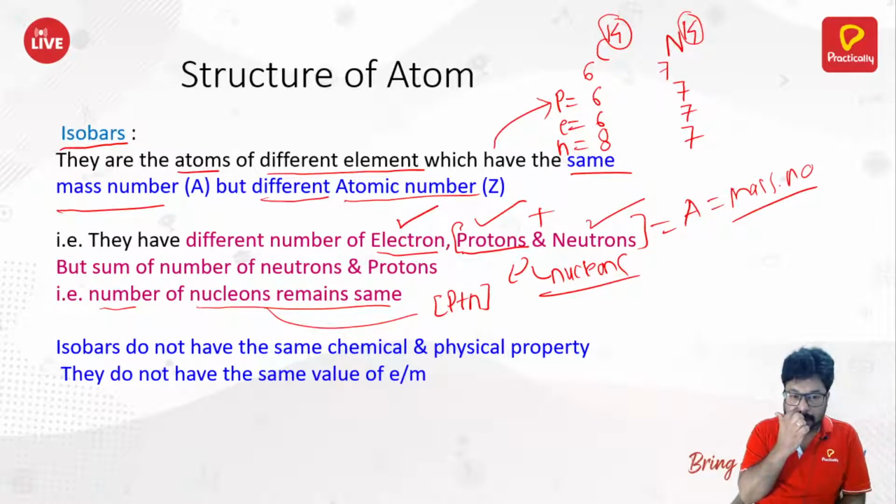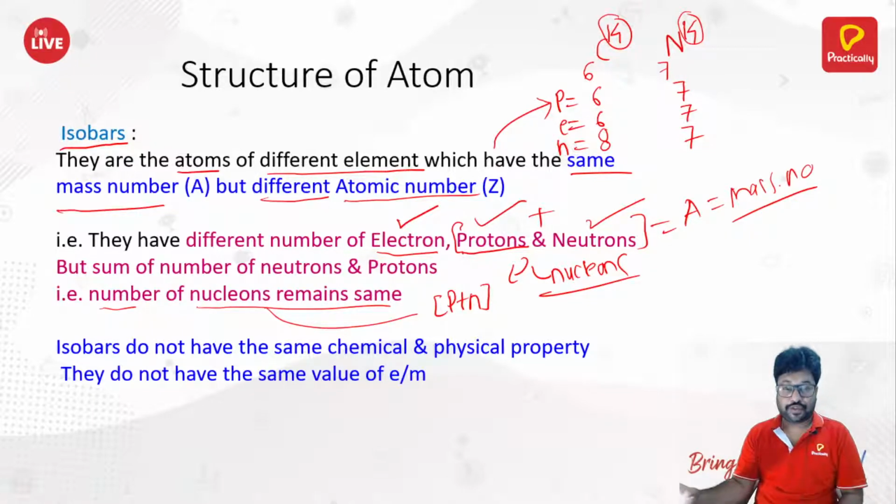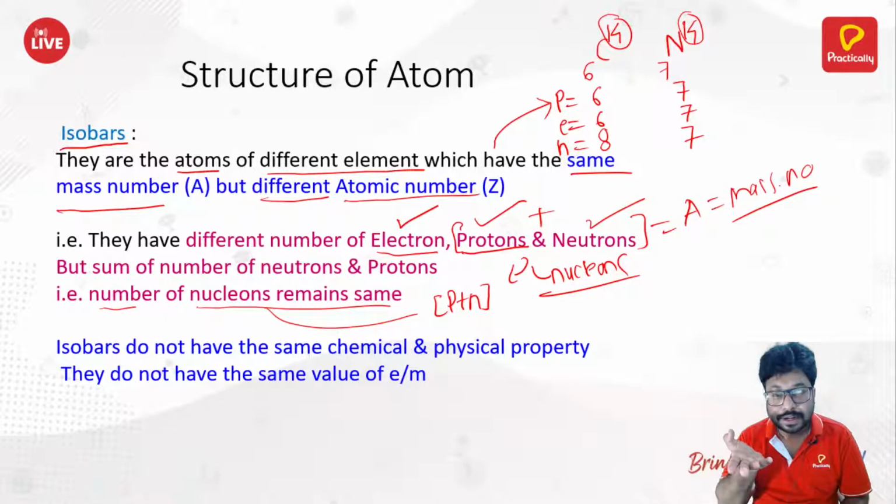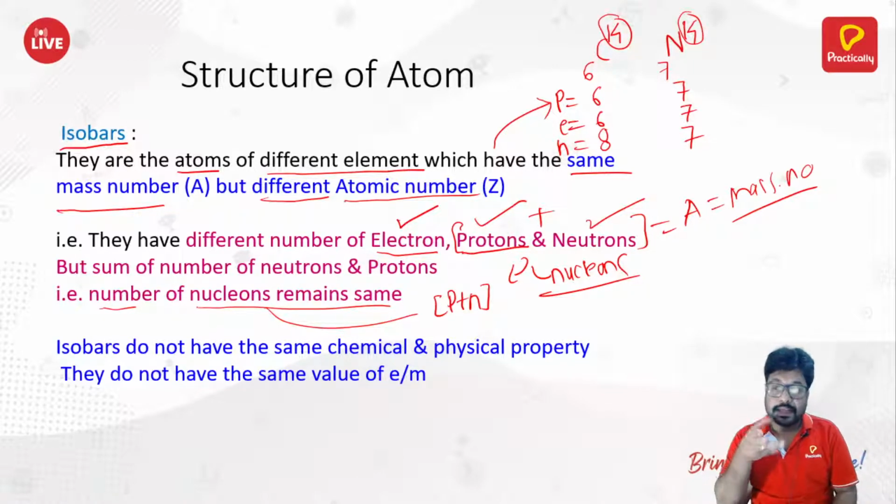Okay, sure. Now, as I told you here, since they have everything different, the number of protons is different, the number of electrons is different, so the chemical properties have to be different, right? Their chemical properties are surely different, but physical properties they will have the same because their mass is the same.